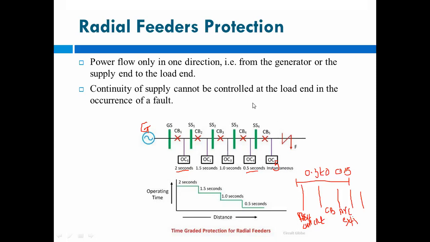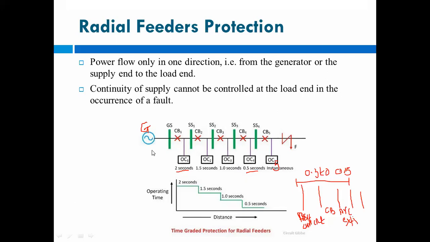Here, this is the time graded protection for the radial feeders, where we specify the time of operation of the relay. The relay which is placed at a far distance from the generating station is set at the lowest time, that is, instantaneous.